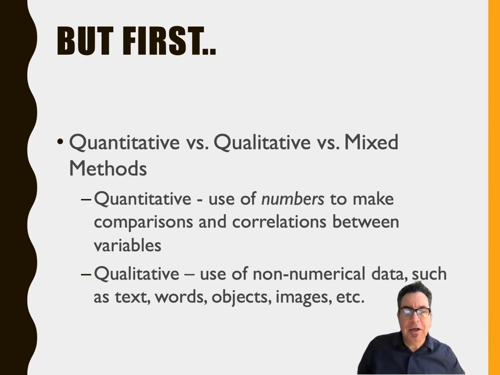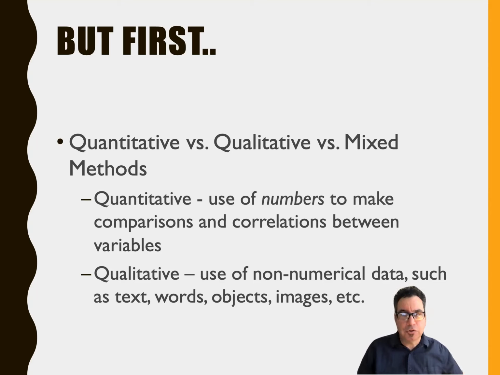I hope it does. And then, of course, the perennial favorite, quantitative versus qualitative, and mixed methods, where you do a little bit of both here. So quantitative uses numbers to make comparisons and correlations. Sometimes you'll do inferential statistics. For this project, you're probably not going to be doing a whole lot of sophisticated stuff, but simply demonstrating basic kinds of counting of percentages and stuff.